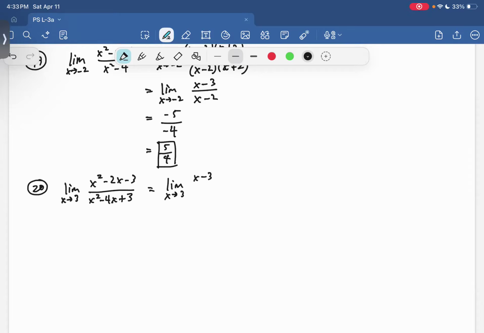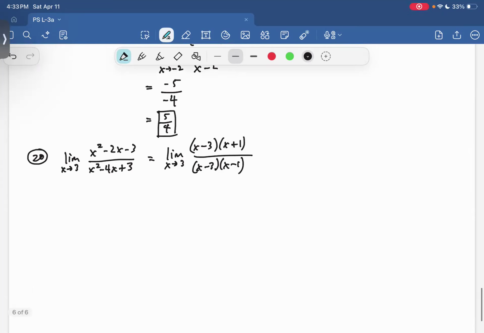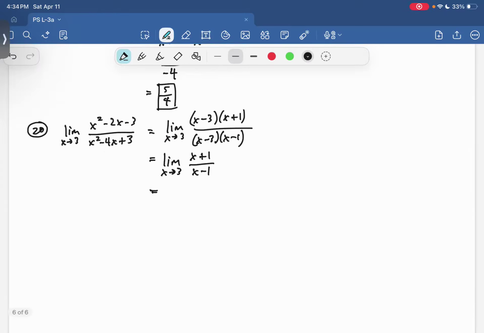That yields x minus 3 times x plus 1 over x minus 3, x minus 1. So the x minus 3's cancel out. And so when we plug in x equals 3, we're going to get 4 over 2, which is just 2.